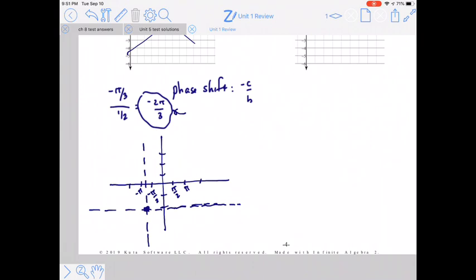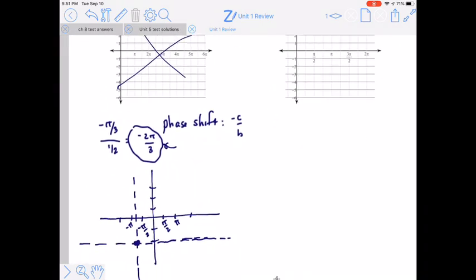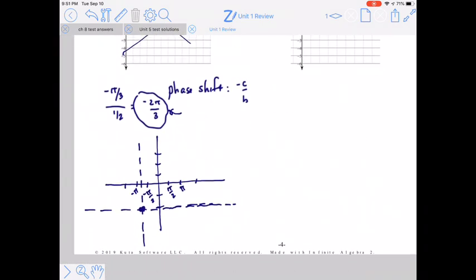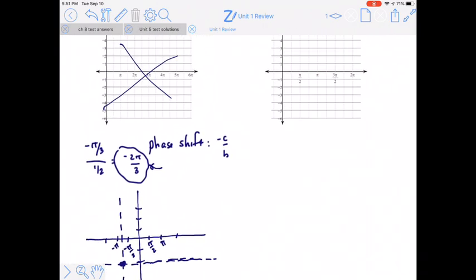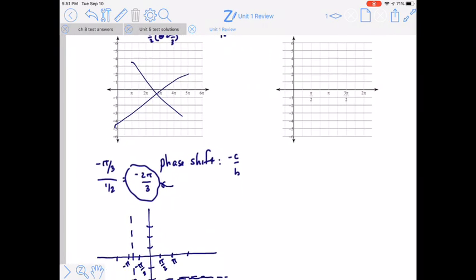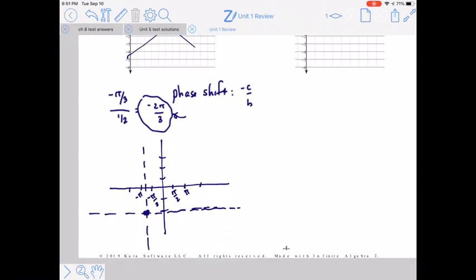And then you would graph from this new set of axes, you would simply graph the function y equals 2 sine of theta over 2 with no translations. So on this one you could graph y equals 2 sine theta over 2.